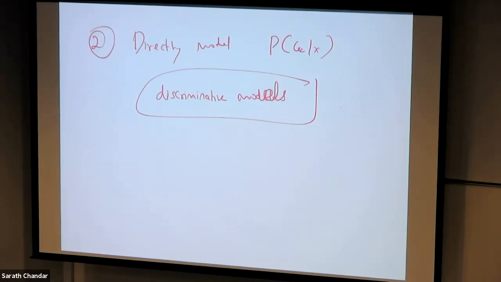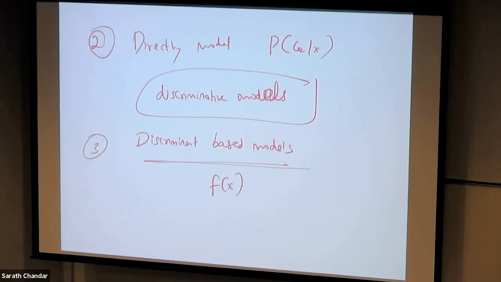So that is the third class of models. We are going to call this discriminant-based models. The idea is you just have a function f of x which directly maps x to a class label. We are going to call these functions discriminant functions.